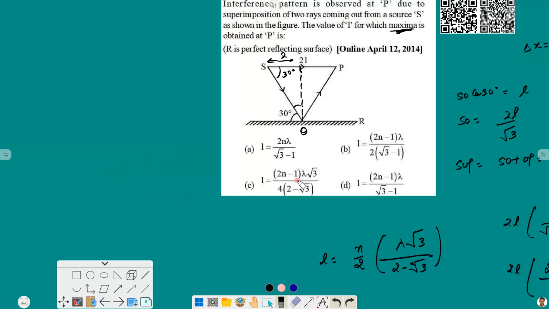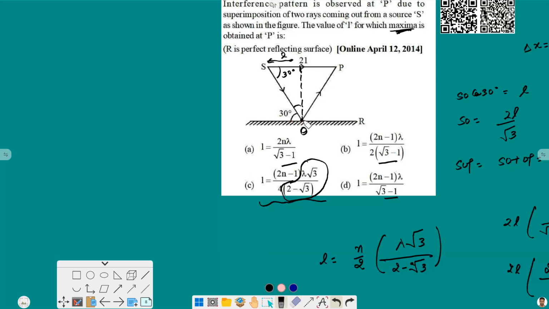Now if we match it, none of the answers is directly matching, but in option C we can see that this part is matching. It means we have missed something here, and that something is reflection. Let me discuss that.